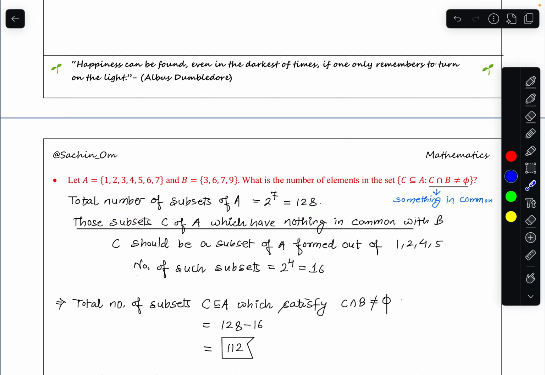Then, instead of finding the number of subsets which have something in common with B, I started by finding the number of subsets which have nothing in common with B. I observed there were 2 power 4, which is equal to 16. 16 such subsets are there which will have nothing in common with B. But since I required those subsets which have something in common with B, from the total I subtracted the case where there is nothing in common with B, and that gives me the answer 112.